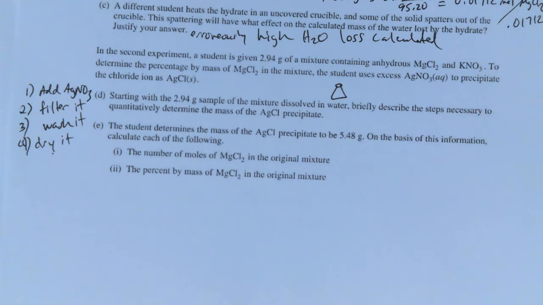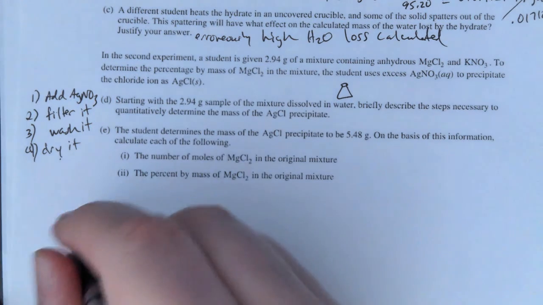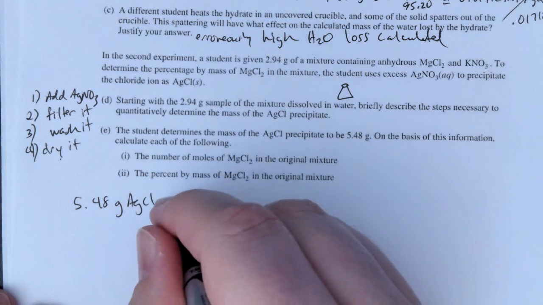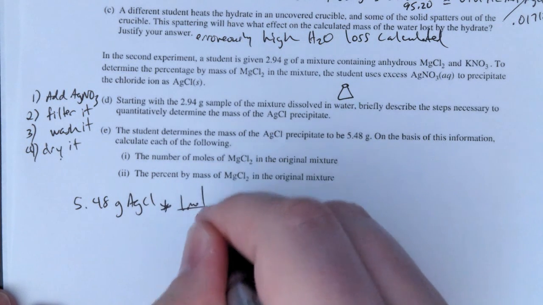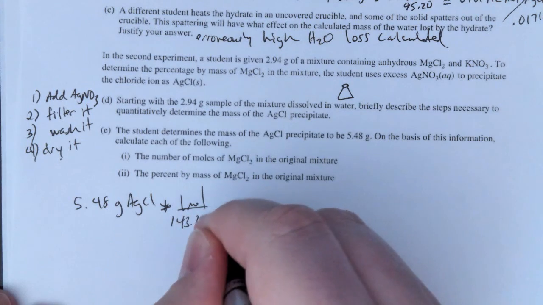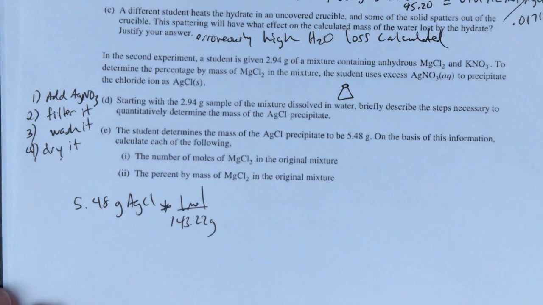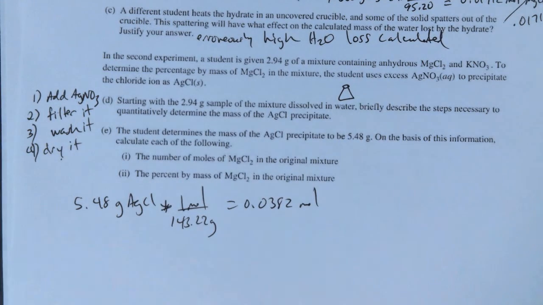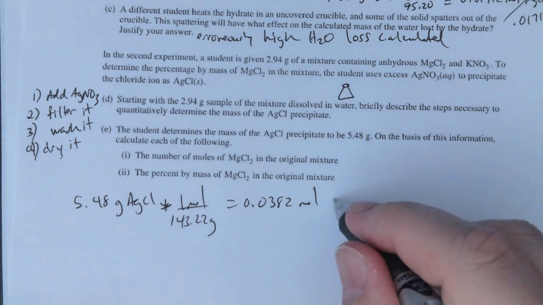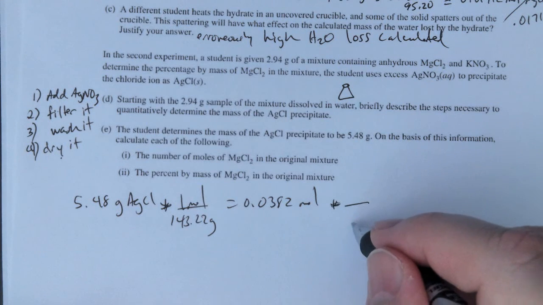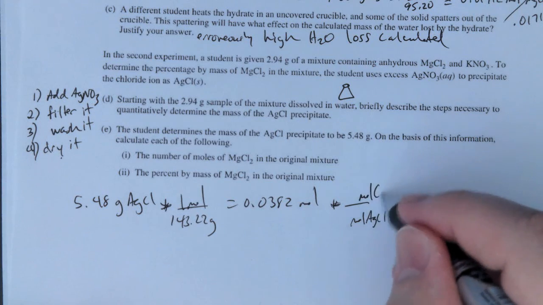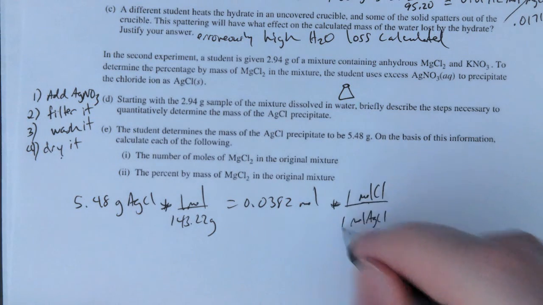All right, so in part 1, the number of moles of magnesium chloride in the original. So this is just one giant stoichiometry conversion. So we're going to start with our silver chloride precipitate. We're going to convert it to moles. Okay, and that is 0.0382 moles. And then from there, we're just going to convert that into chloride. So this is AgCl. Moles of chloride using the ratio 1:1.